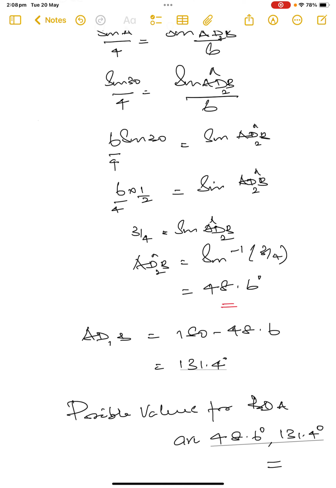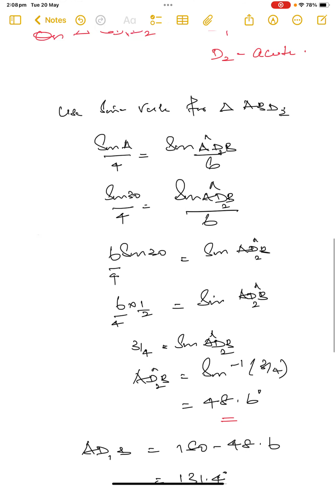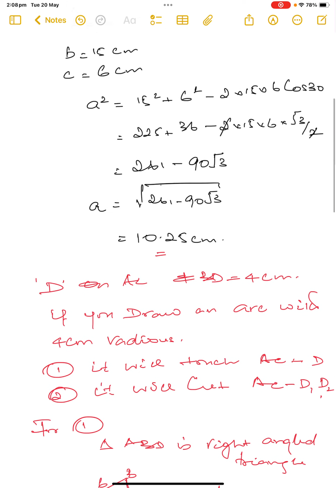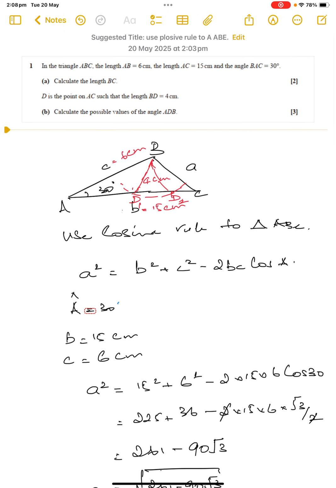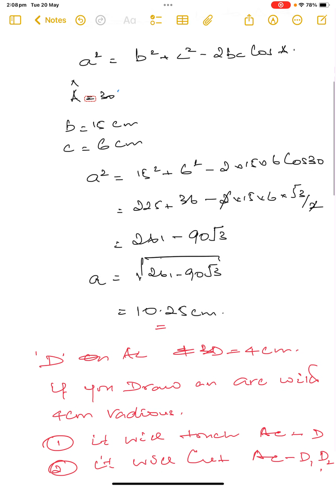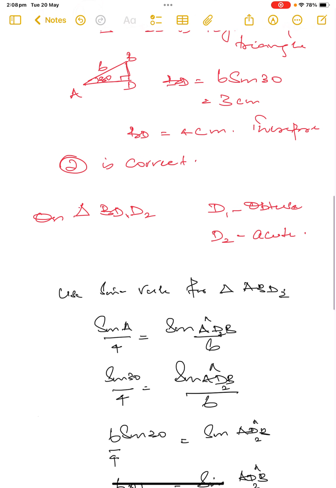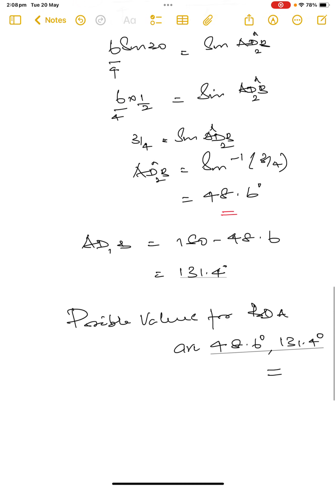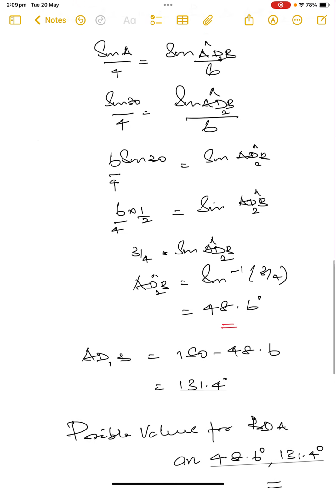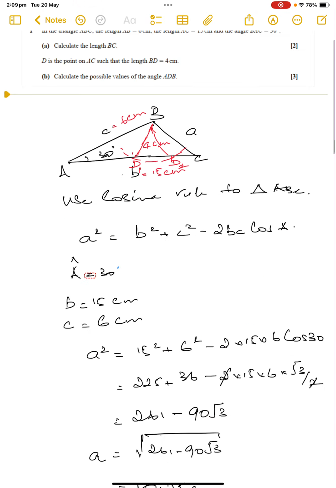If you look at the triangle, BD1 and BD2 are the same because of 4 centimeters. So BD1D2 is an isosceles triangle. So simply the inner angles at D1 and D2 are the same, so angles BD1D2 and BD2D1 are the same.